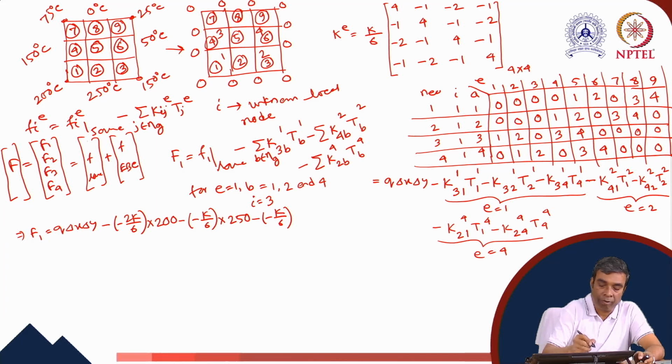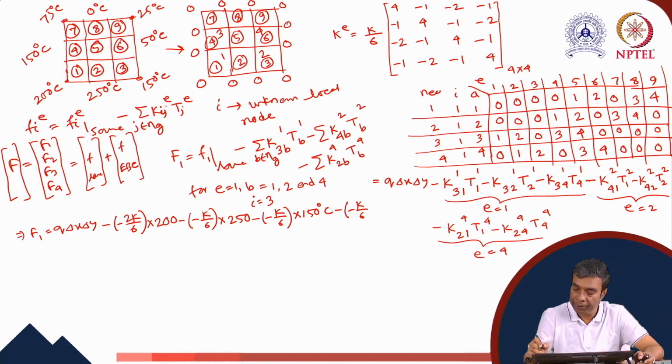So for the first element, T4 comes on the left boundary, so this is 150 degrees centigrade. Next term is for the second element, K_412. K_41 is minus k by 6. So this is minus k by 6 into T_12. For the second element, the first local node has 250 degrees centigrade temperature, so this is into 250.